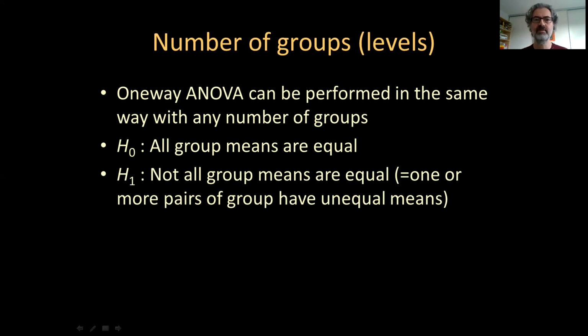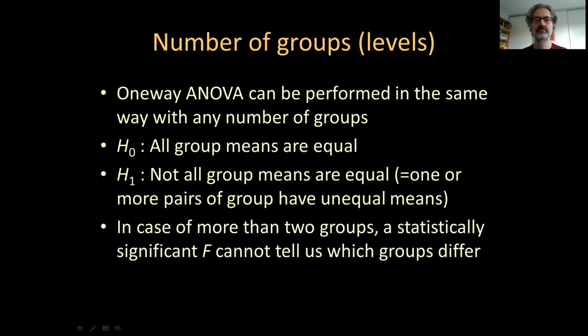Maybe just the first mean is different from the second, and every other mean, so the remaining 8 means, are equal to the first mean. Maybe there are 2 or 3 or 10 differences between the means. That's not visible in the F ratio.